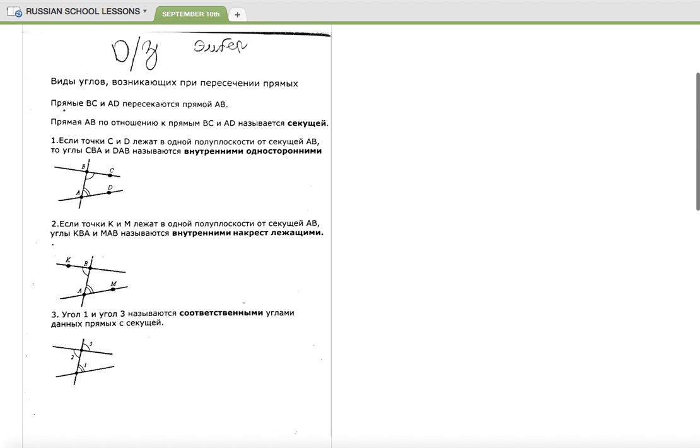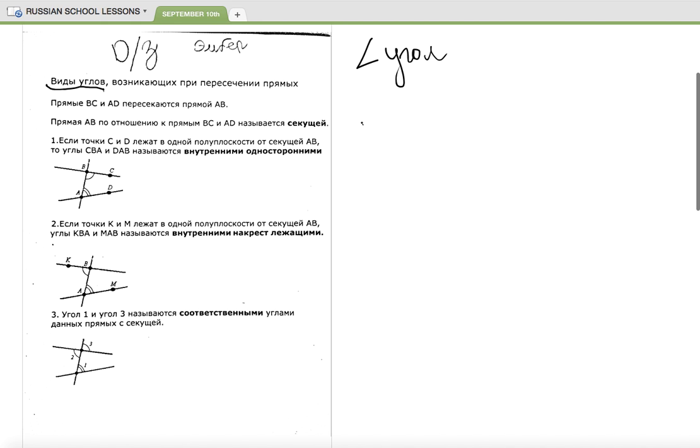So, итак, первое. Виды углов. Угол is angle. So, виды углов, kinds of angles, возникающих при пересечении прямых.